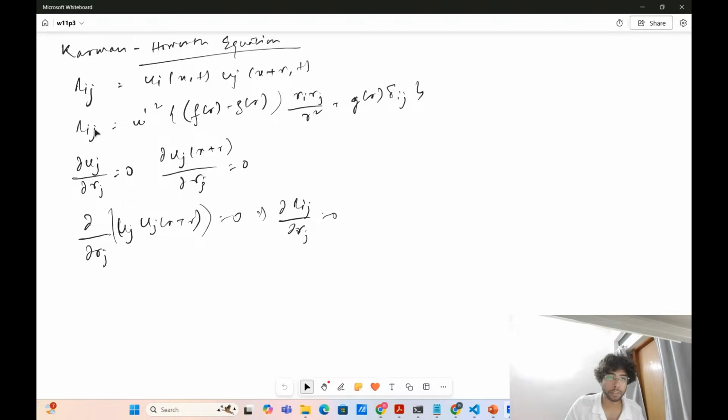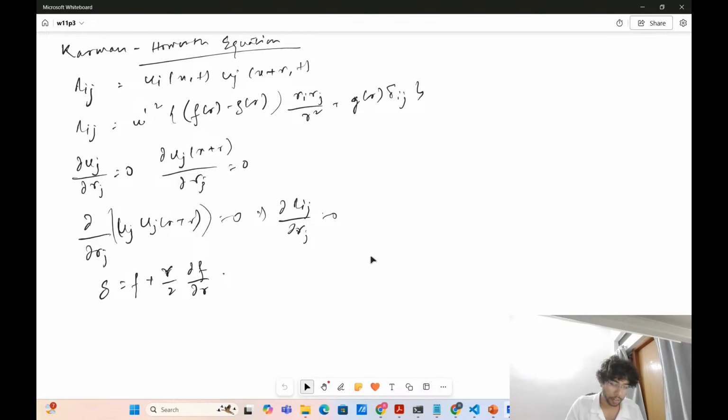If you put the value of R_ij into this equation, you get a relation between g and f, which turns out to be something like this, del f del r. This calculation is a little bit tedious, but I will post this derivation in the Google Drive. So this is how it comes out.